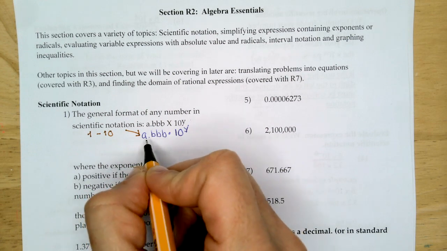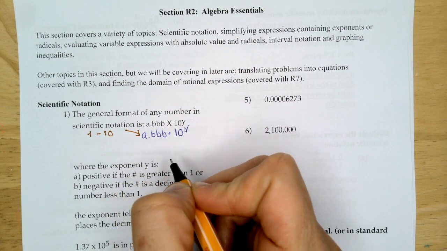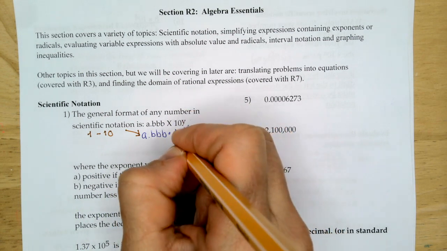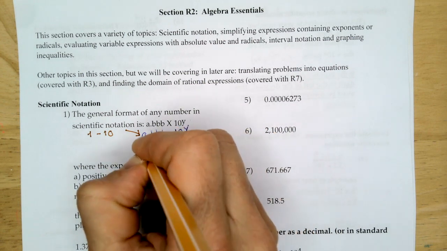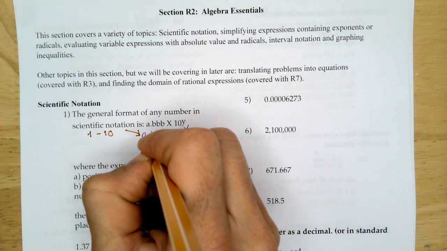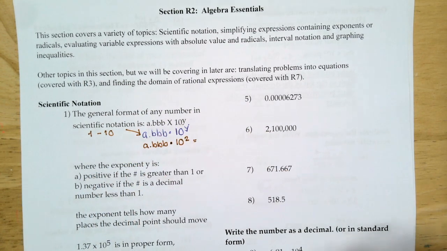Okay. And then we're going to take that and multiply it by 10 to the power of a number, right? So if it was 10 to the power of 2, for example, that means that 10 got bigger. 10 became 100.